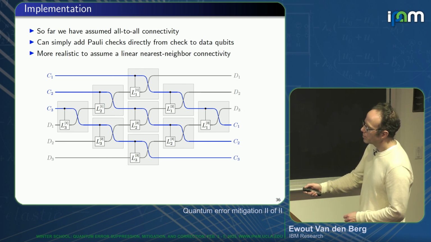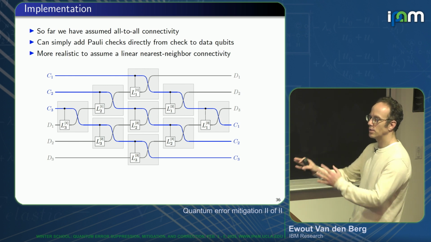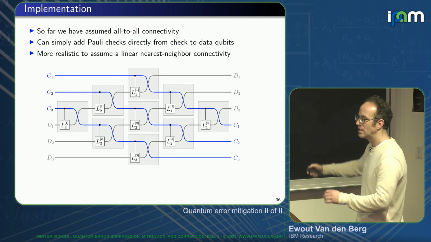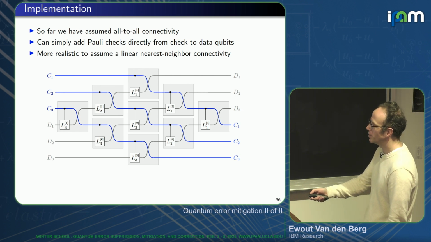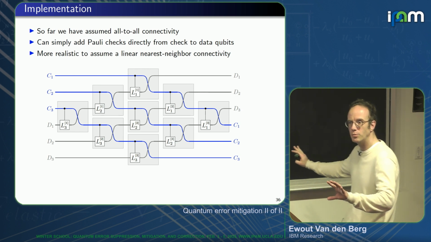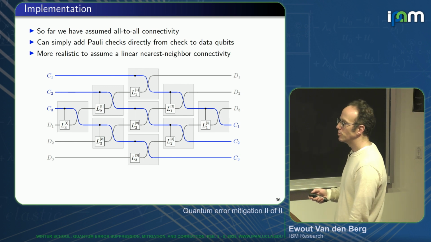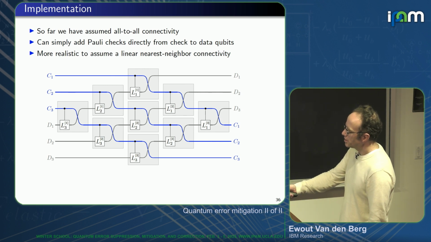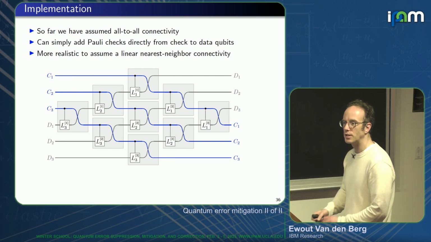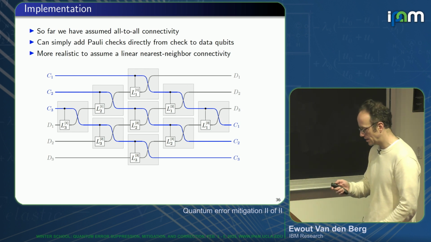Then over here you can apply the unitary U, and then on the other side you do the reverse with different right checks, and then at the end you're back in your original qubit locations, but you've applied the whole check circuit. And as you see here, this is all nearest neighbor. So this is just a line of qubits, and you can only access the previous and the next qubit.